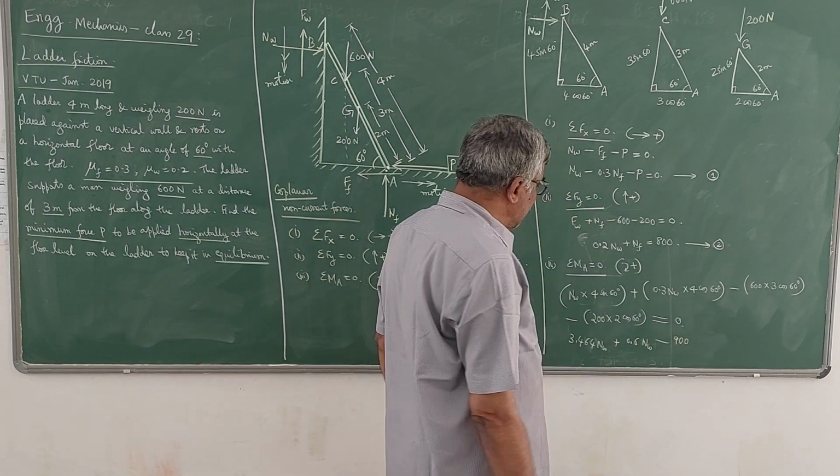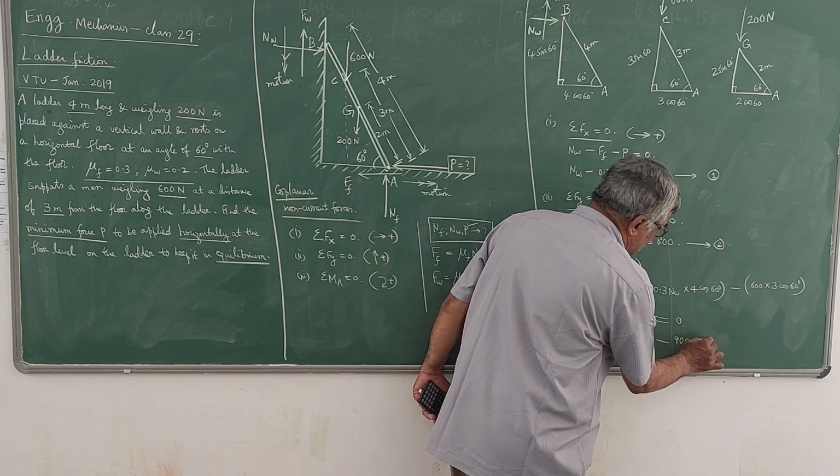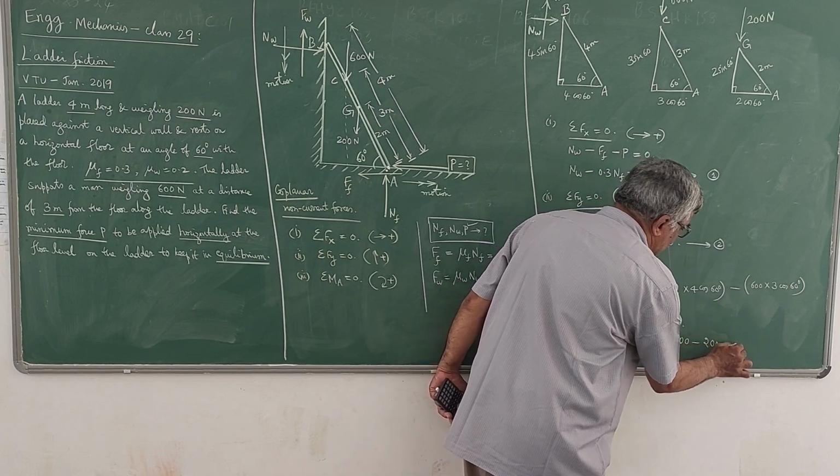Then 200 into 2 cos 60 is half, so 200 into 1, so it becomes minus 200, is equal to 0.